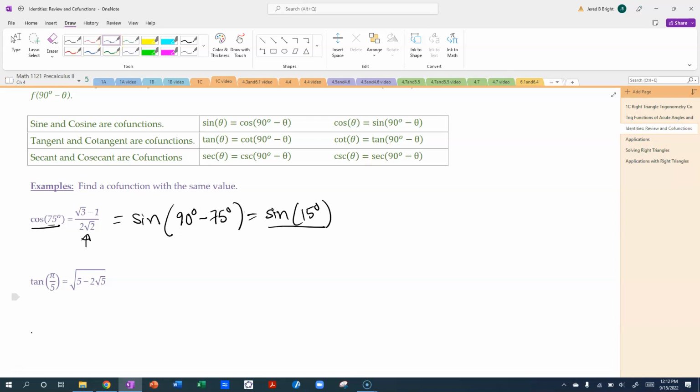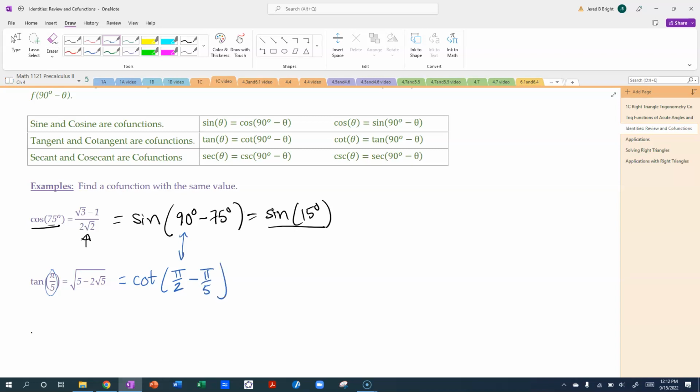So next one, tangent of that. Again, I don't really care about the value, but I do care about the cofunction to tangent, which would be cotangent. So cotangent, and now this one is in radians, so I could convert this to degrees. I'm not going to. I'm just going to say 90 degrees, remember, in radians is pi over 2, so I'm going to work with pi over 2 minus pi over 5.